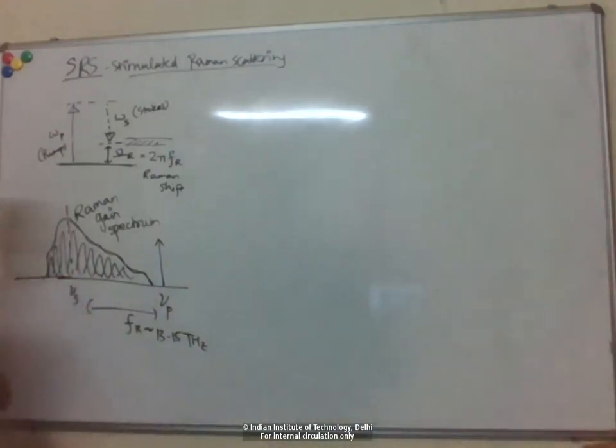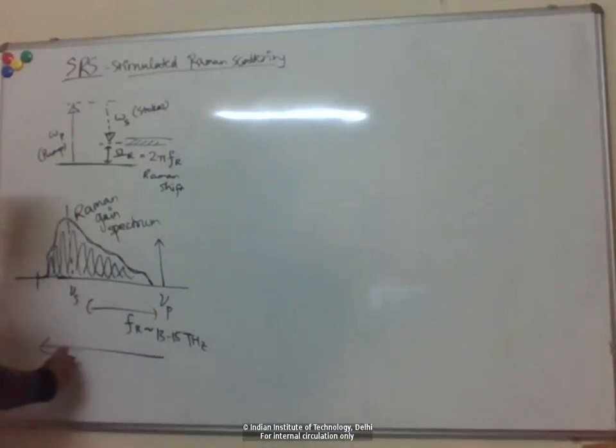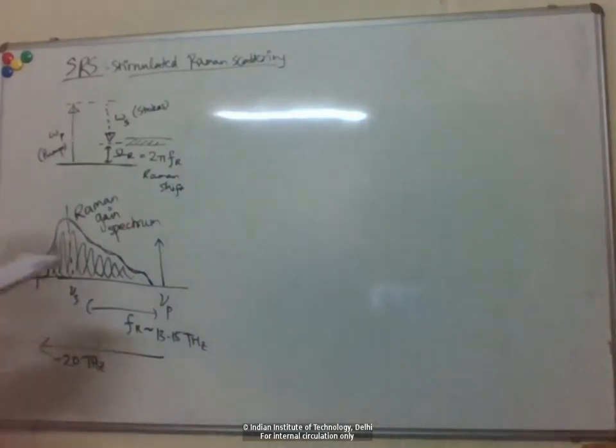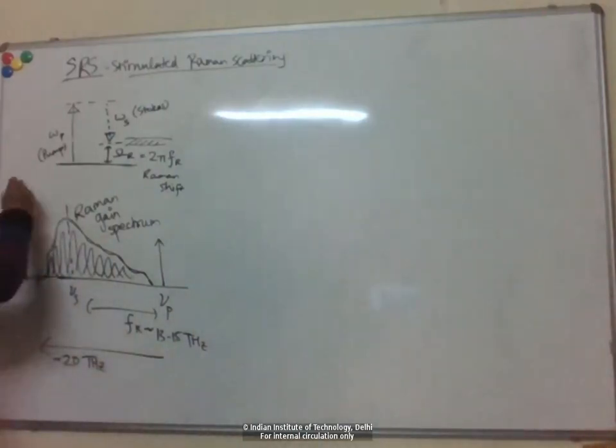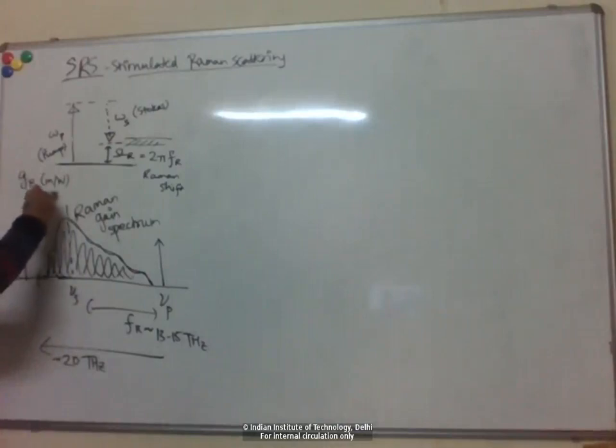So this peak occurs at around, let's say, 13 to 15 terahertz, and it goes up to almost like 20 terahertz here. Okay, and if you look at the y-axis, we have here the Raman gain coefficient, again in meter per watt, just like the Brillouin gain coefficient we had in meter per watt. So the units are now 10 to the minus 14 meter per watt.